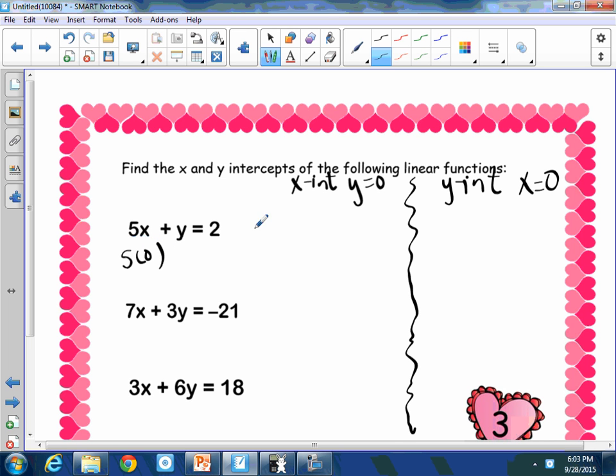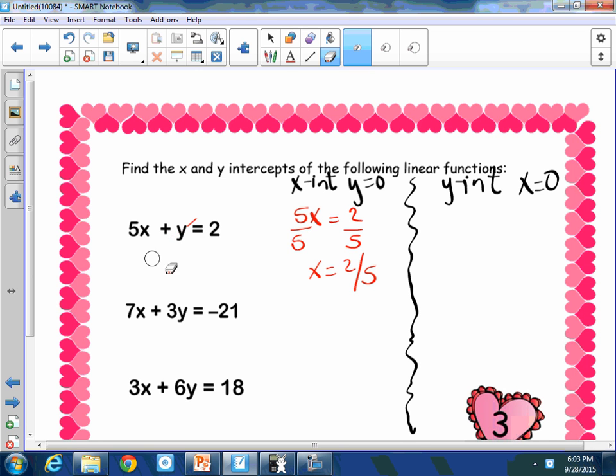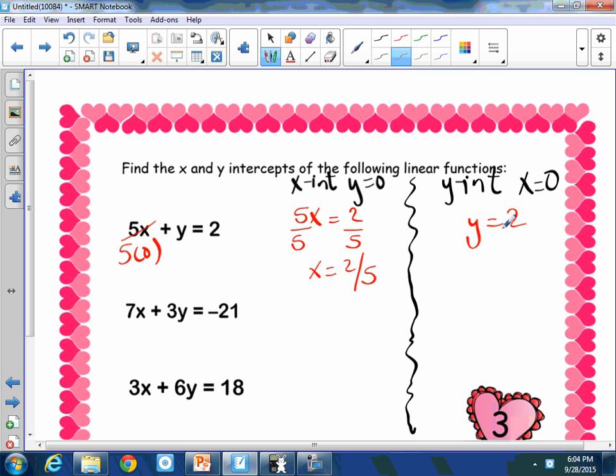I'm sorry, it's the other way around. I'm doing the y-intercept instead of the x-intercept. Okay, so for the x-intercept, y equals 0, which means that's a 0, so we can cancel that out. So I get 5x equals 2, divide by 5, and x equals 2/5. Now, for the y-intercept, x equals 0, which means that part is 0, because 5 times 0 is 0, which means that y equals 2.